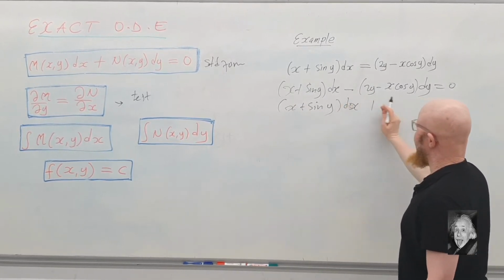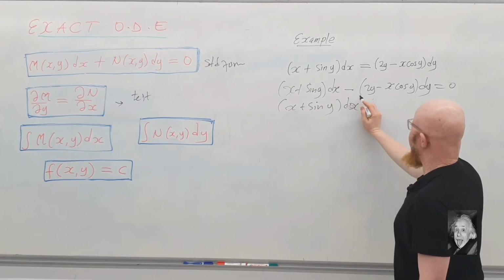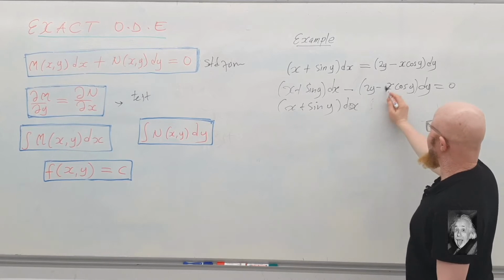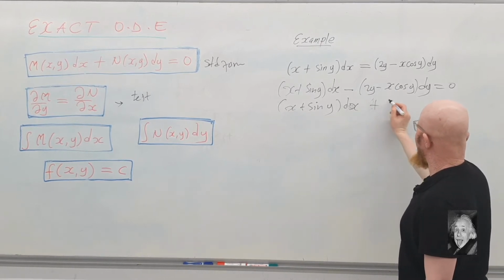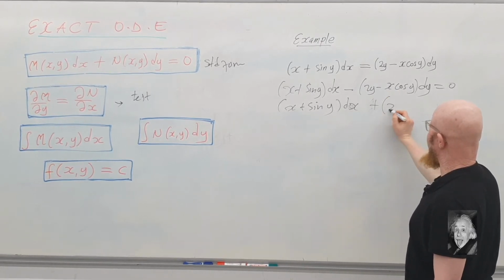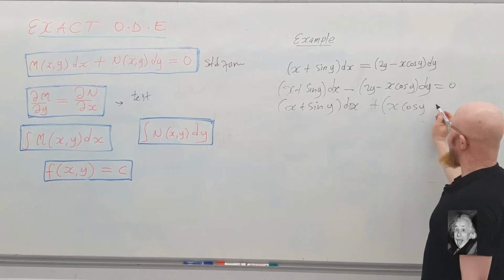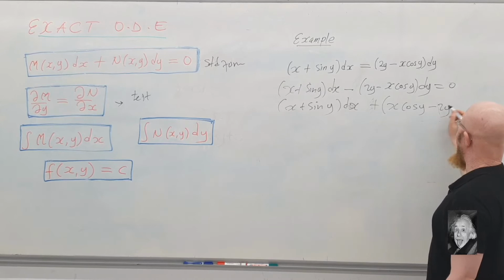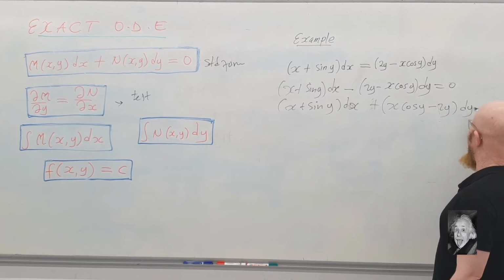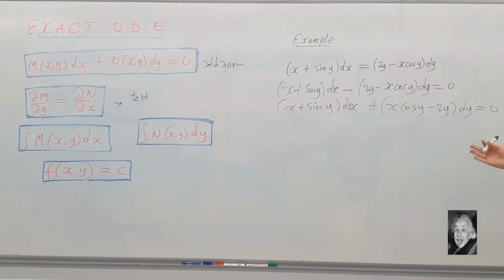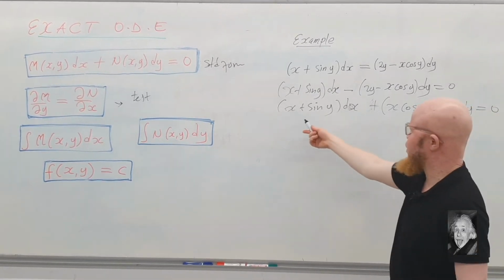If I distribute here, it will be positive, so this will be positive x cos y, and this will be minus 2y dy is equal to 0. So as you can see, this is indeed in the standard form.